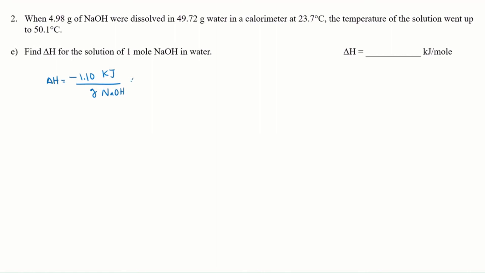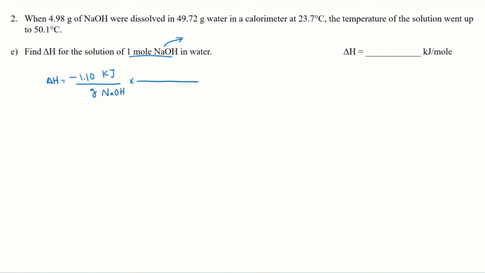And now I want to convert the denominator from grams of sodium hydroxide to moles of sodium hydroxide, as the problem states. So I need to know the relationship between grams and moles. Well, the relationship between grams and moles lies in the molar mass of the substance. Here I need to find out what the molar mass of sodium hydroxide is.